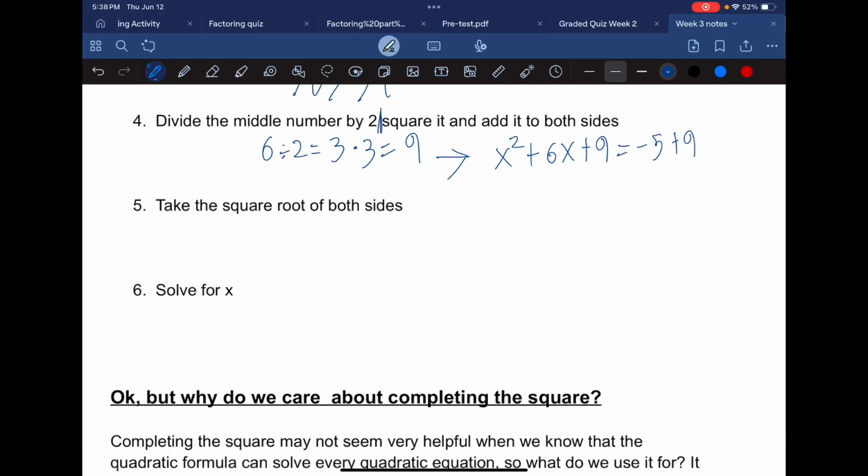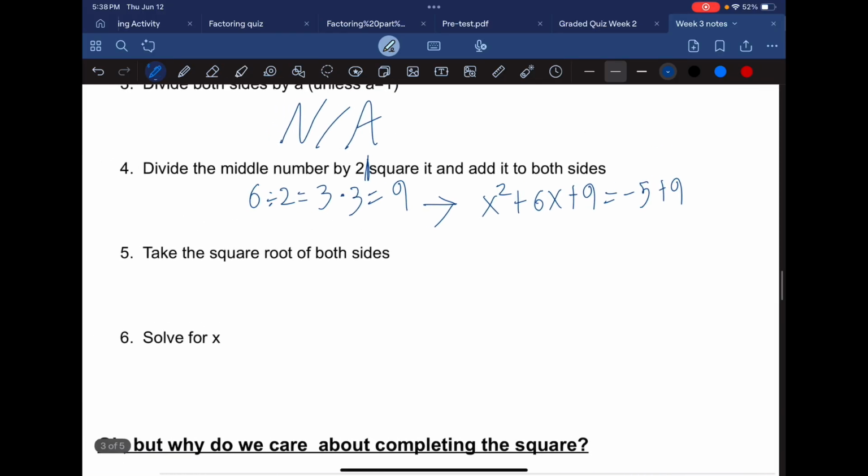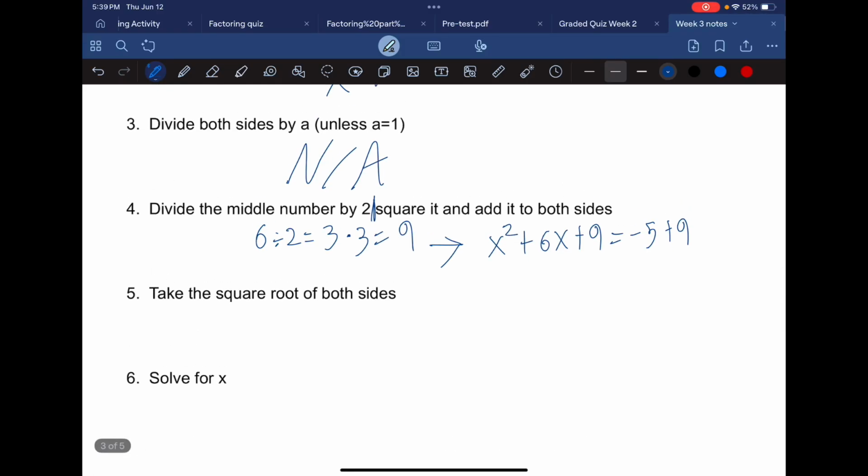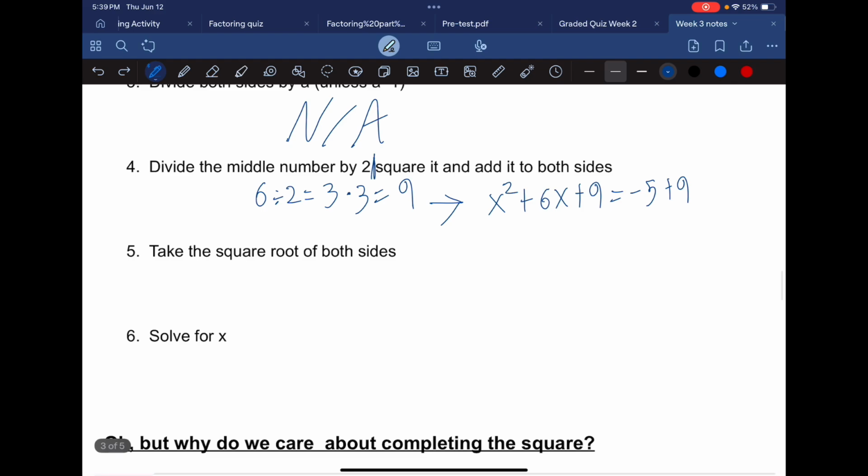Okay, so now we've added the 9 to both sides, and we can kind of recognize this front part as something that we should be able to factor, right? Because we're looking for 2 things that multiply to 9 and add to 6. That's pretty easy, right? 3 and 3. That's what we just did. Well, not really, but kind of.